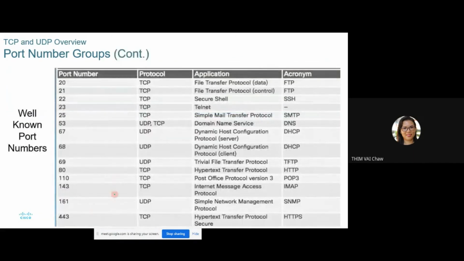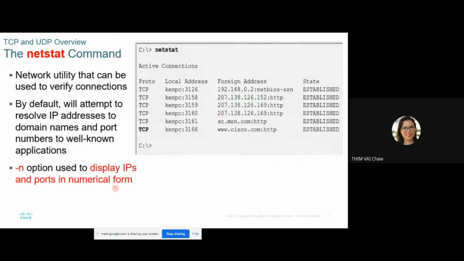So this is a well-known port number, and you can use netstat. You go to the command prompt, key in netstat, and you will be able to see the connections that are established. This is a command that shows whether your PC has established any connections with other servers.